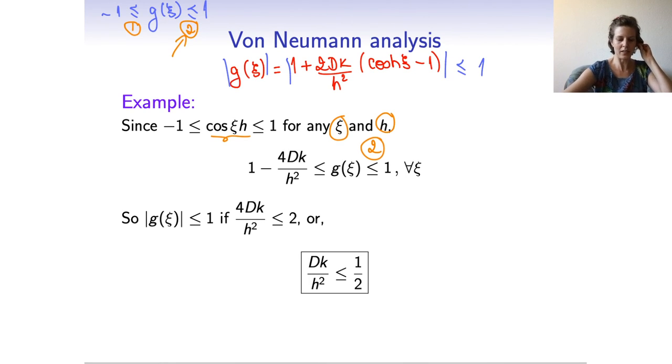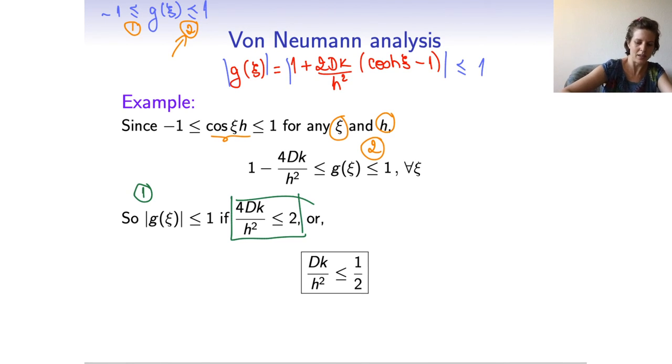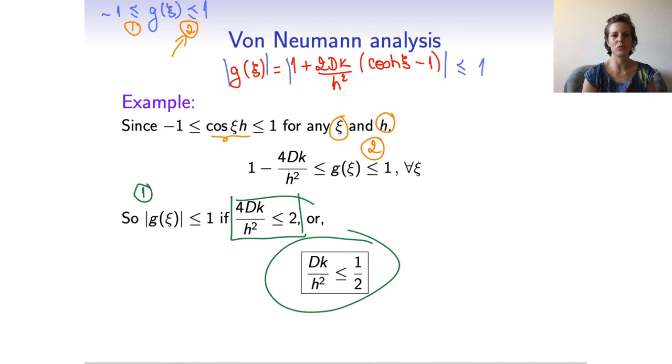And then the first condition will be satisfied if this happens, and therefore we have this result, which is our stability condition.